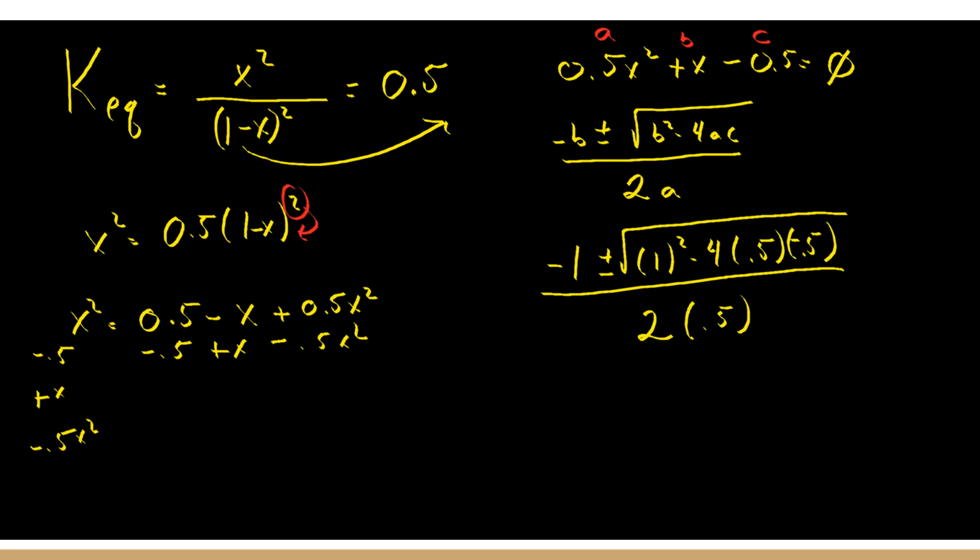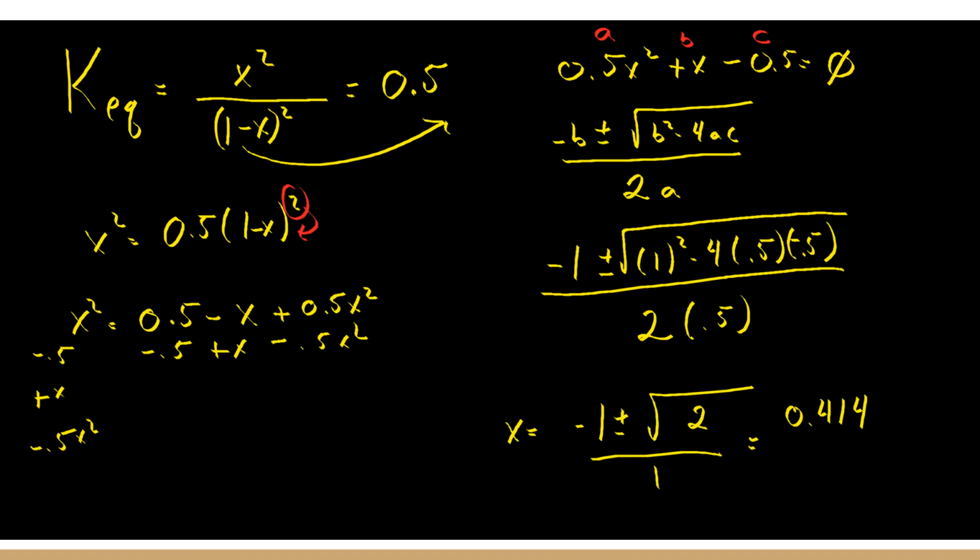Do not forget the negative on that 0.5, or you'll get a completely wrong answer. All over 2 times 0.5. And when you multiply those out and collect your terms, you get negative 1 plus or minus the square root of 2, all over 1. So it's just negative 1 plus or minus the square root of 2.